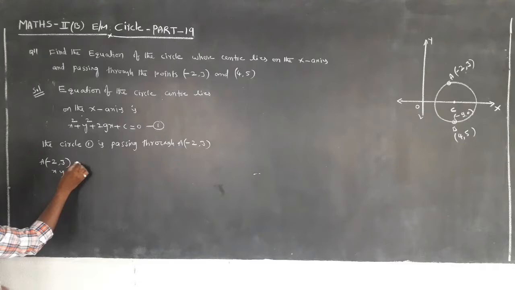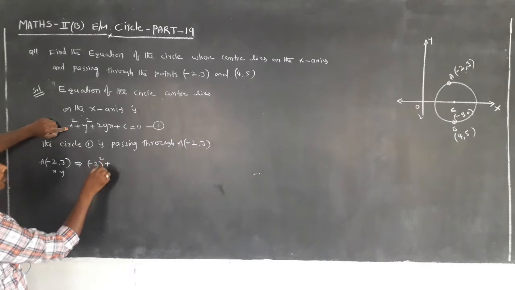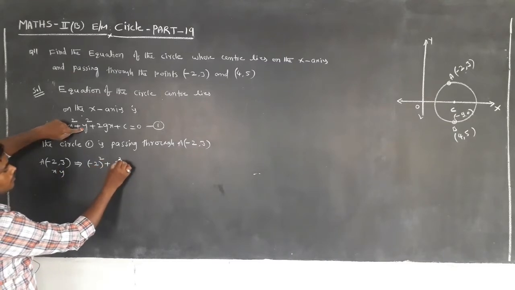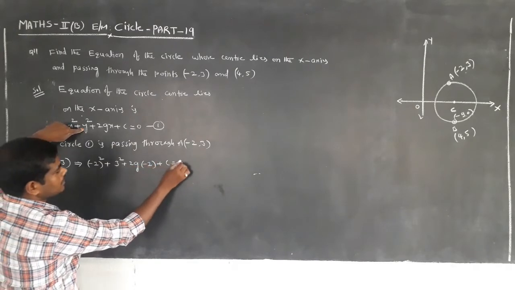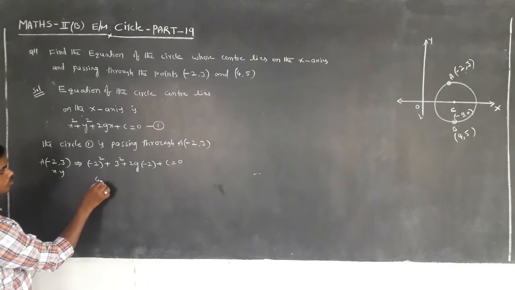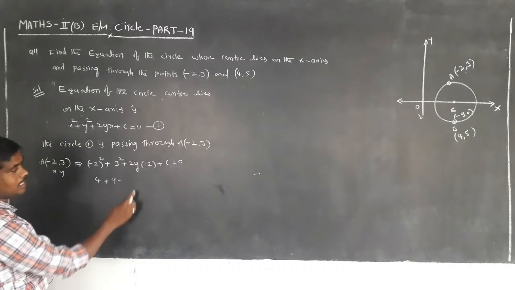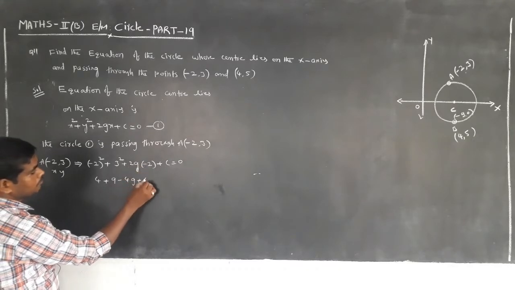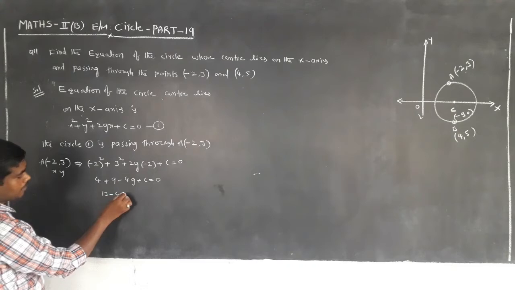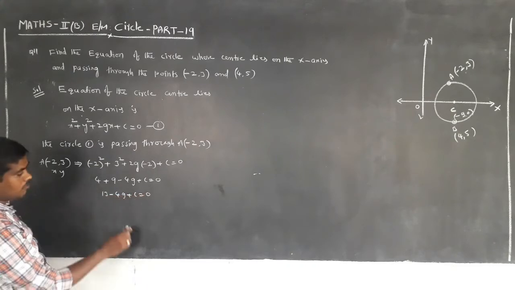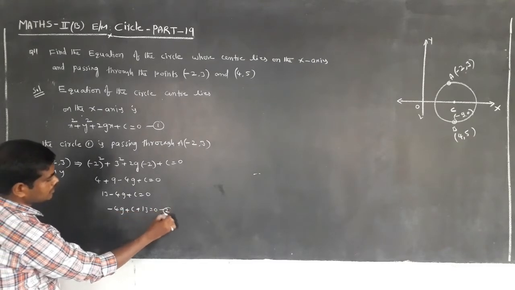Substitute on the circle 1: x equal to -2, so (-2) whole square, y is equal to 3, so 3 square, plus 2g into x, that is -2, plus c is equal to 0. (-2) whole square is 4, 3 square is 9, plus 2 into -2, that is -4g, plus c is equal to 0. 4 plus 9 is 13, minus 4g plus c plus 13 is equal to 0.